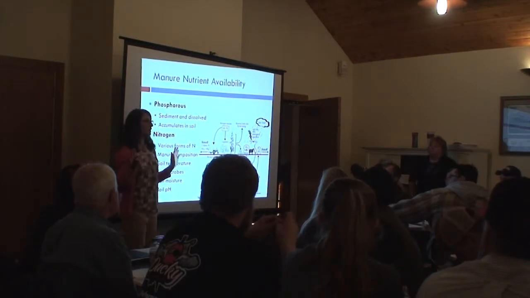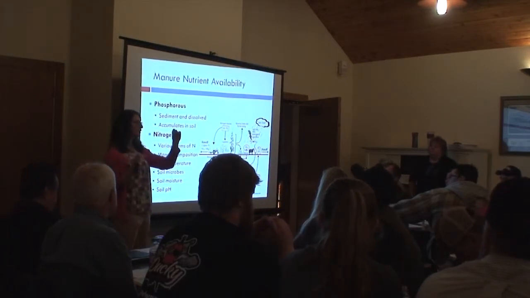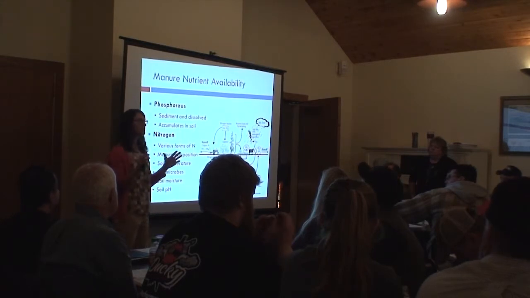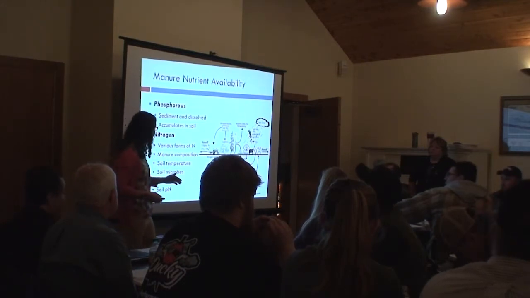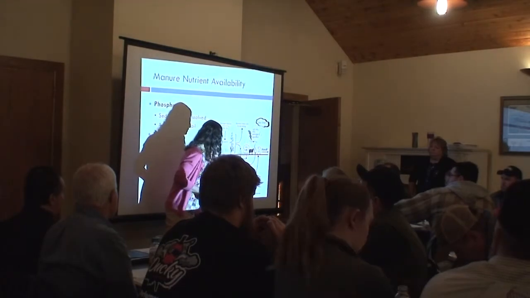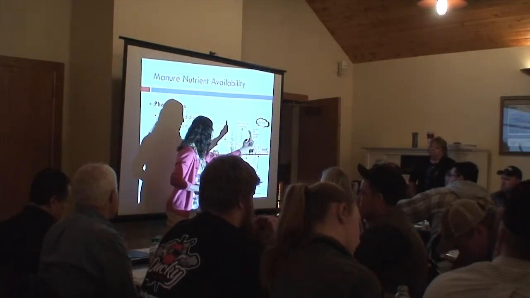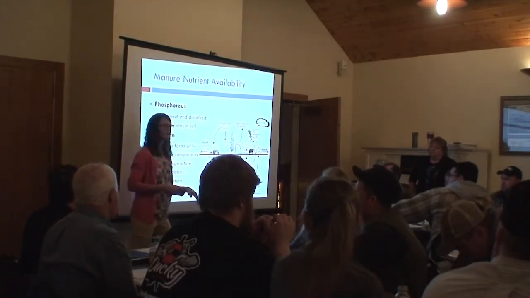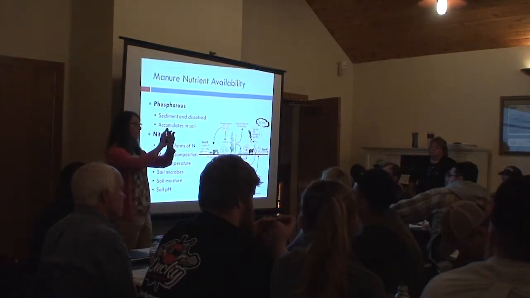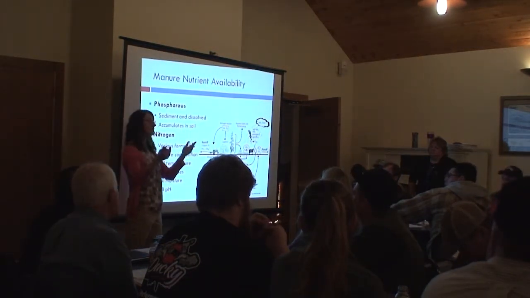Who knows? It could move at a rate of very little inches per year, centimeters maybe. It can move at a much more rapid rate. It really depends on your soil type, and we're going to get to that in the next talk and talk a little bit more about that. So these are your biggest movements, up to the air or lost to leaching, and hopefully all the rest stays in your soil profile and your plants are taking that up.